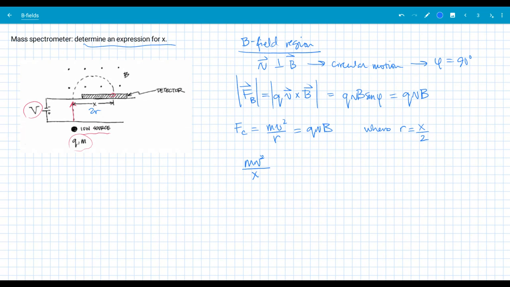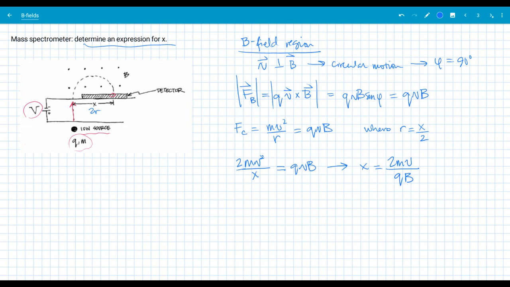So my x ends up down there. I bring my 2 up to the numerator, is equal to qvB. Now I'll go ahead and solve that for x. What I get is x equals 2mv over qB.